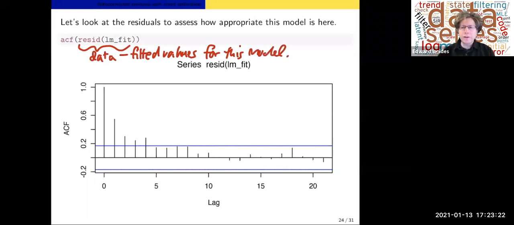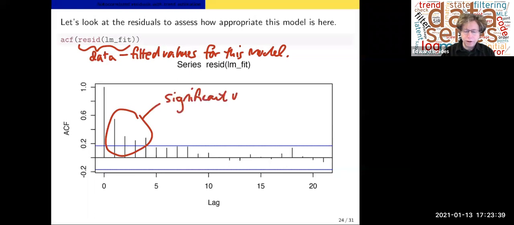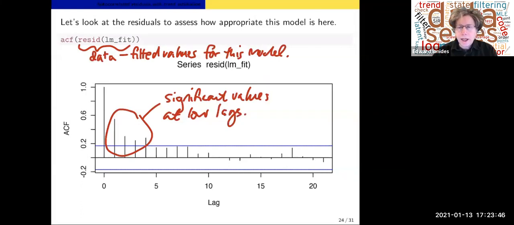Okay, so what do we see? We see some relatively large, significant values at low lags. These are significant relative to the hypothesis test implied by the blue horizontal line, which we're going to dig into a little bit more.